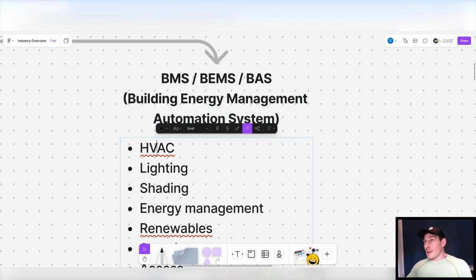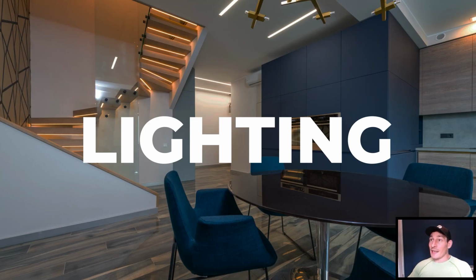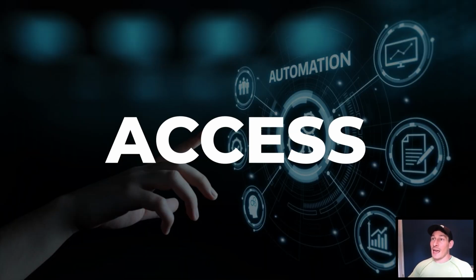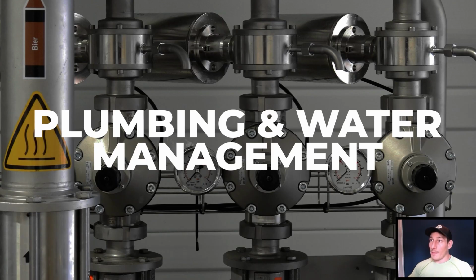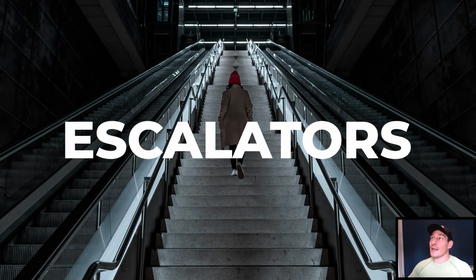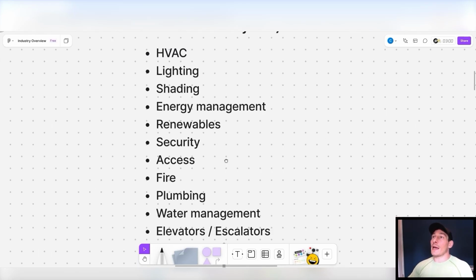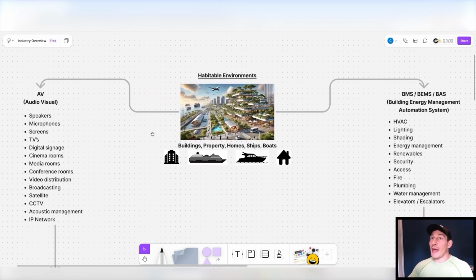And then what comes under this sector is broken up into HVAC, lighting, shading, energy management, renewables, security, access, fire, plumbing, water management, elevators and escalators. Typically, this is how they would be split. Now, there is a bit of overlap.